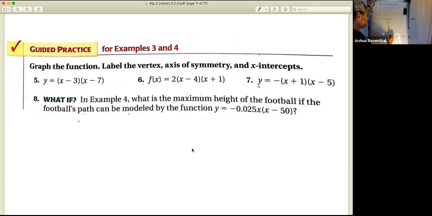I have a root at 5. 1, 2, 3, 4, 5. My vertex is at 2, 9. My y-intercept is at 5. The axis of symmetry goes through 2, so x equals 2 is the equation of the axis of symmetry. And this is 2 away at 5, so this will be at 4, 5. And that's all there is to it.